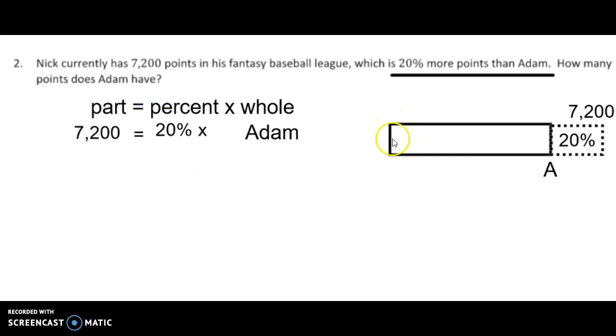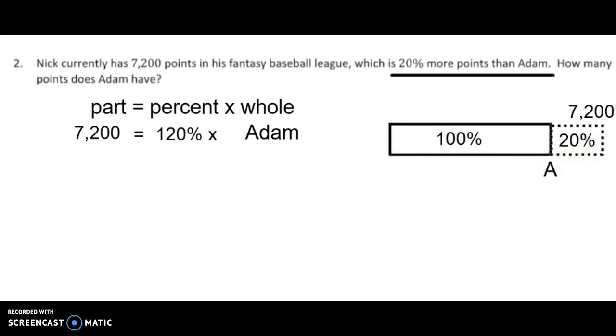Nick has all of Adam's points, 100%, plus another 20%, 20% more than Adam's score. So guys, it's not going to be 20% of Adam's, it's going to be 120%, because he's got all of Adam's points, plus another 20%.